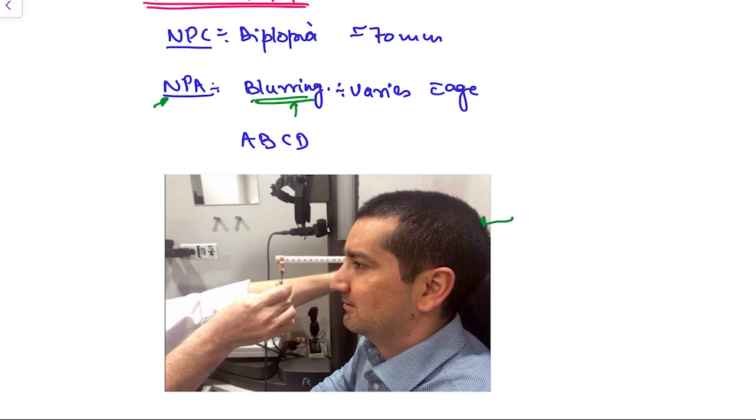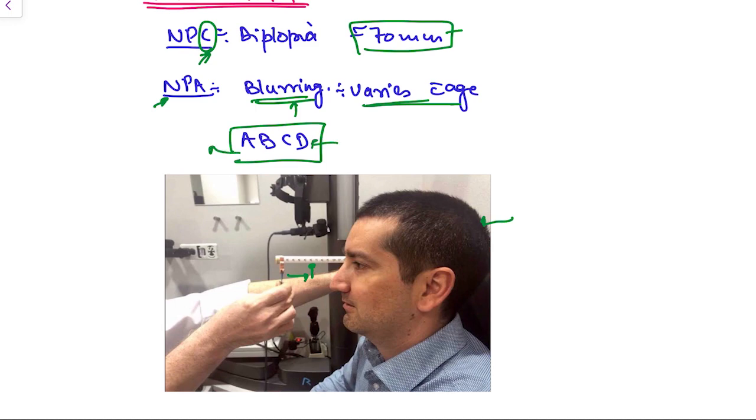And for the near point of convergence, if we move the object in this direction, for example at this point the patient starts experiencing a double object, so this will tell about the near point of convergence. Normally the near point of convergence is around 70 mm, and the near point of accommodation varies with age. You can remember this by the mnemonic ABCD: accommodation, blurring, convergence, diplopia.